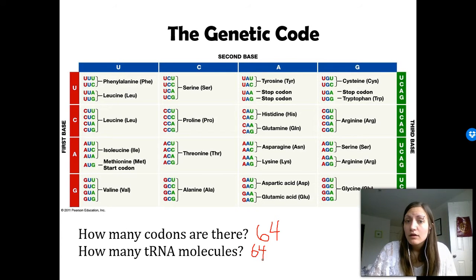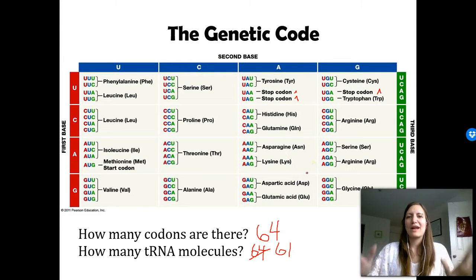But we have stop codons, and those don't code for anything. There's no tRNA for those. They don't carry an amino acid. That's just a little section that says, hey, this is it. So technically, we would expect 61, because those codons don't actually code for anything in tRNA.